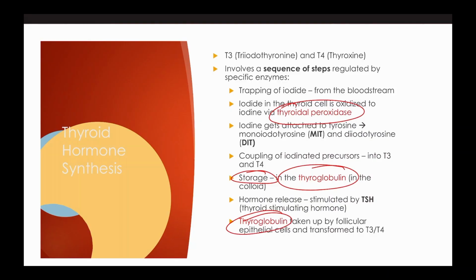If you can't make your thyroid hormone and you can't store it, what's going to happen to your levels of thyroid hormone in the body? They're going to drop. And that's what hypothyroid is. That's one of the forms of it. And that's why I want you to focus on the ones that I highlighted, because they have purposes later on.